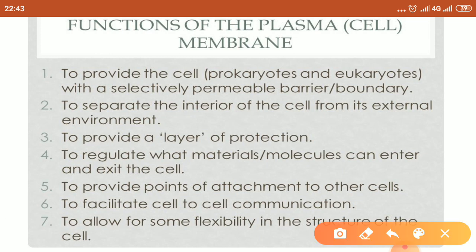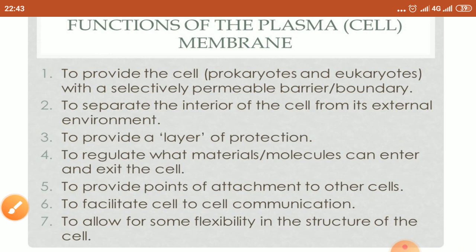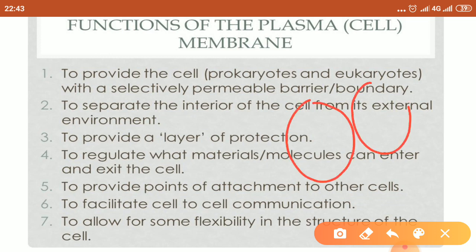Next, it helps in providing attachment to other cells. As one cell is this, another one is attached, because of these boundaries, and this boundary is the plasma membrane. Next, it facilitates communication between cells. What does this mean? If anything is to be exchanged between these two cells, it is across the membrane, so they communicate with each other. The material to be exchanged passes only through the plasma membrane.